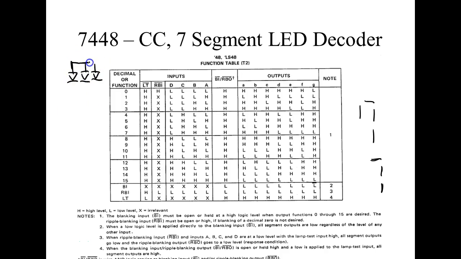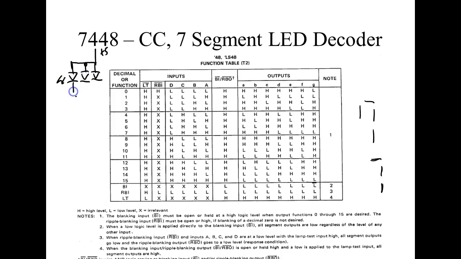So if these guys are connected together, and then I run this up to plus 5 volts, then what's it looking for to turn them on? It's looking for a low to turn them on. So this guy, a 7447, outputs a low because it's a common anode driver. Does that make sense? A 7448 is going to output a high because it's a common cathode driver.